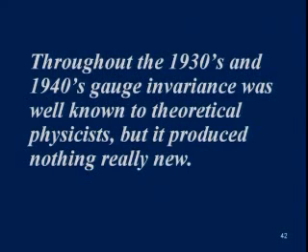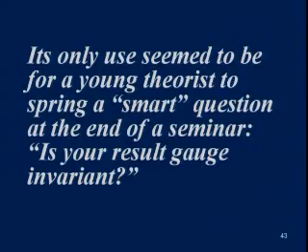Throughout the 1930s and 1940s, gauge invariance was well known to theoretical physicists, but it produced nothing really new. People knew that there's this invariance. Its only use seemed to be for a young theorist to spring a small question at the end of a seminar: is your result gauge invariant?